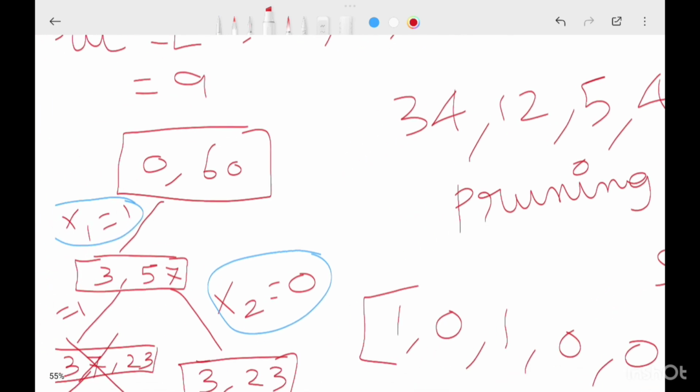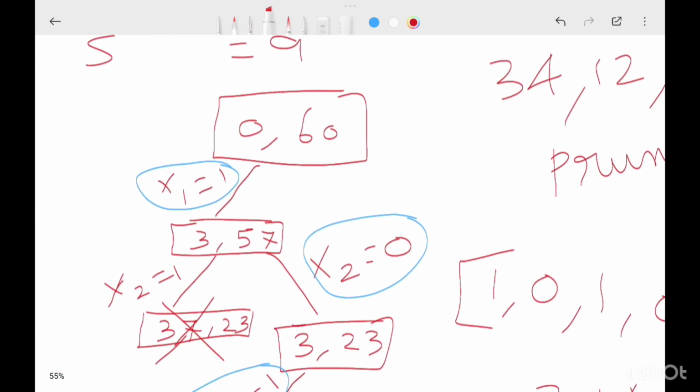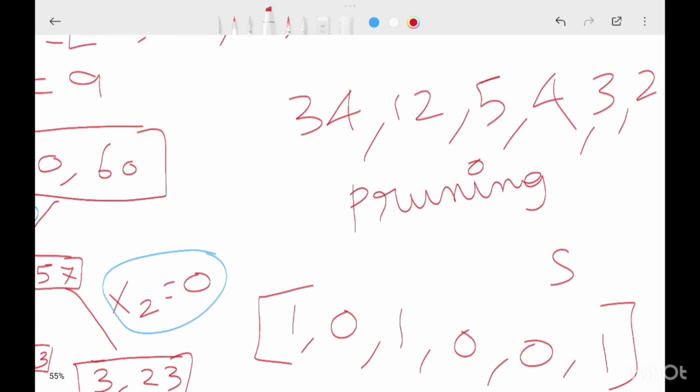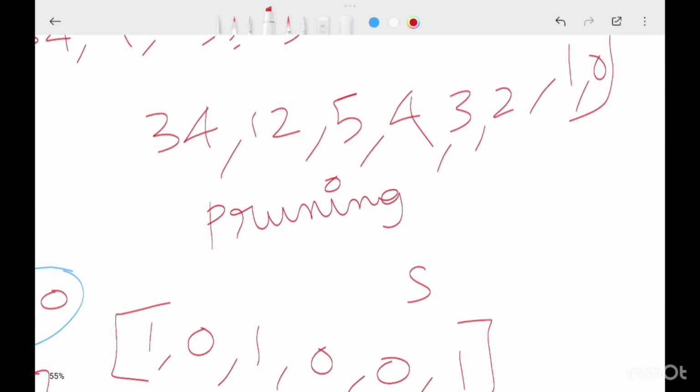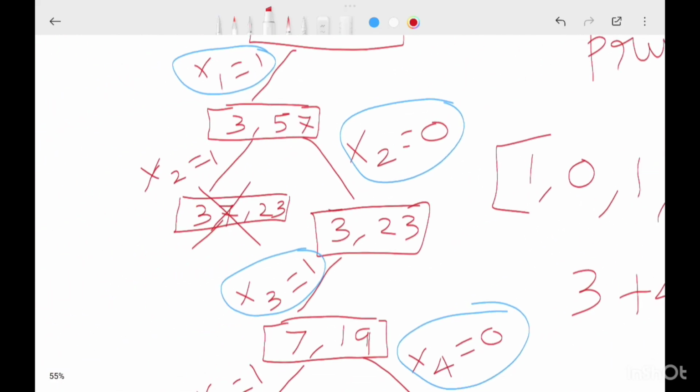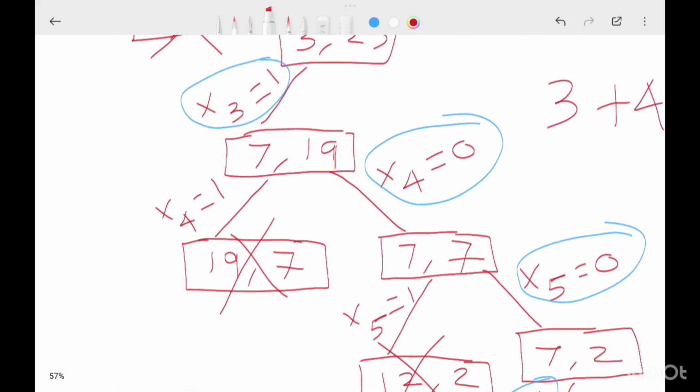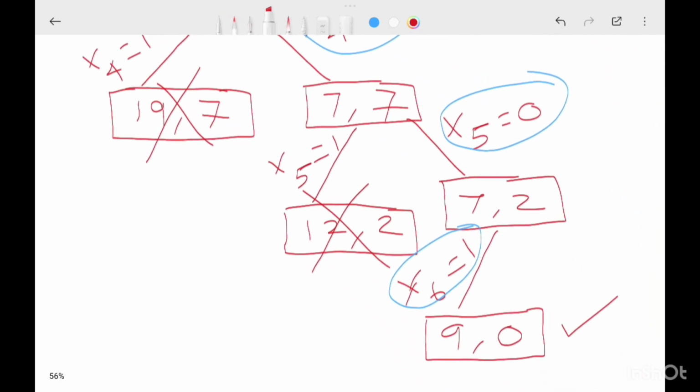In this case, the 34 cannot be included in our solution, but that is only found after the second level of exploration. If you sort it in descending order, then we can do some early pruning. Early pruning means the level of your final solution can be reduced.